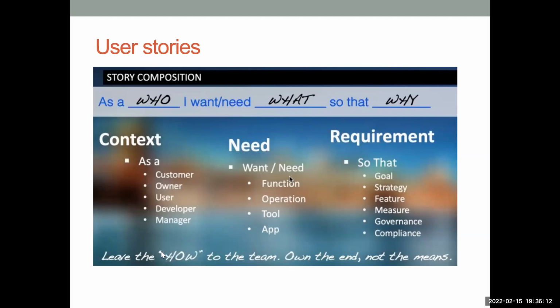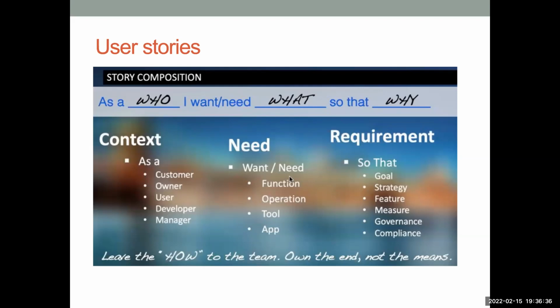Another rule we're using, echoing this, is: leave the how to the team, own the end, not the means. When you're a product owner, or a business analyst playing the role of product owner, creating a story, focus more on the what and why, and leave the how to the team.